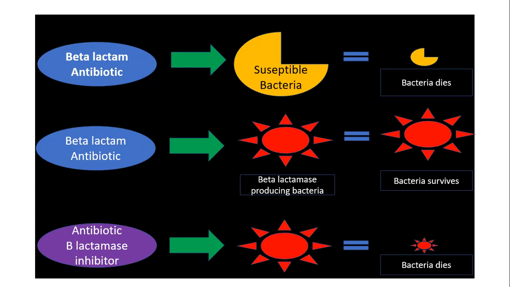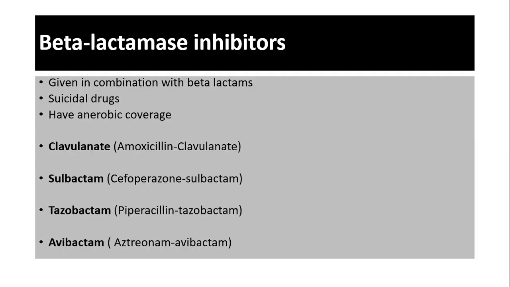Adding beta-lactamase inhibitors to the antibiotic would act against those bacteria which produce beta-lactamase, and the bacteria die. So this is given in combination with beta-lactams. These are called suicidal drugs and they have anaerobic coverage.